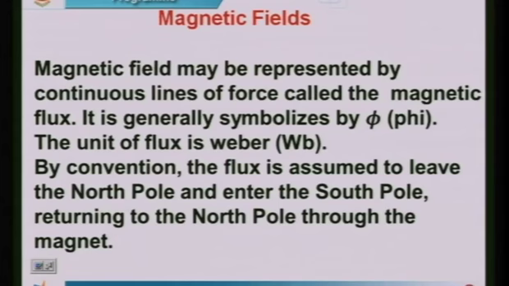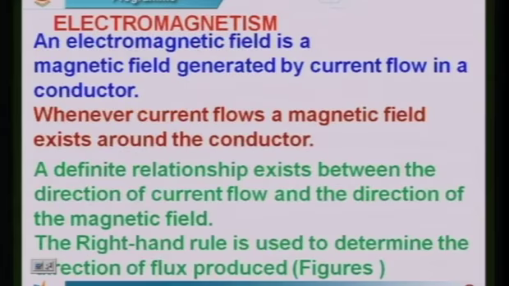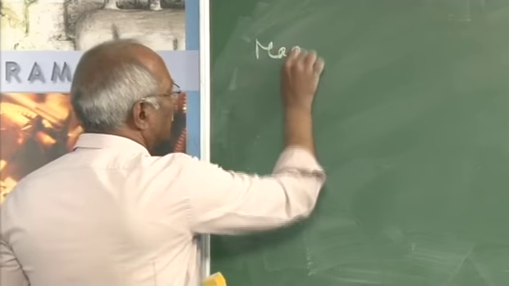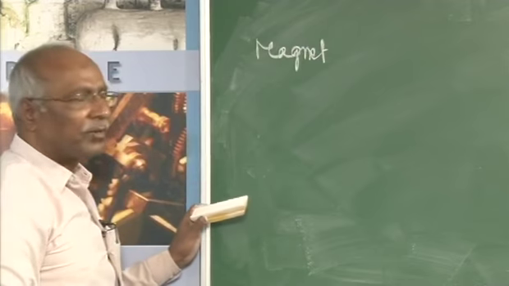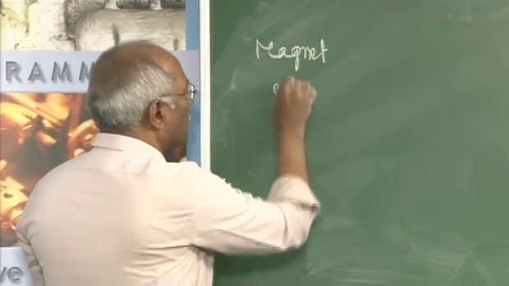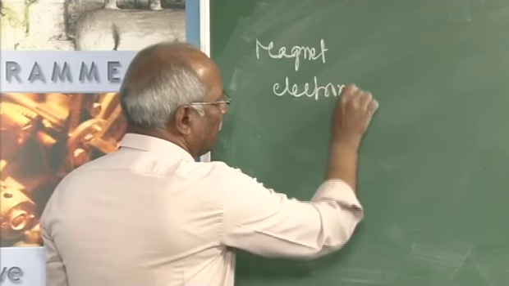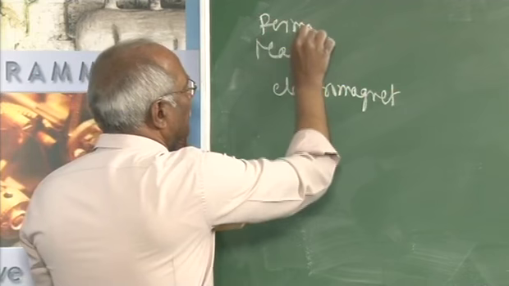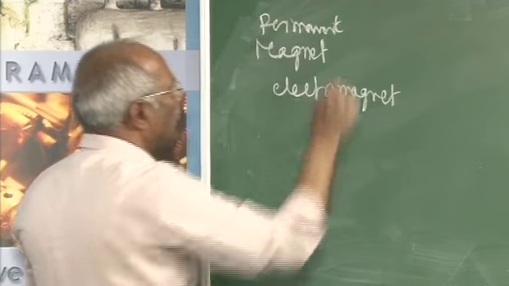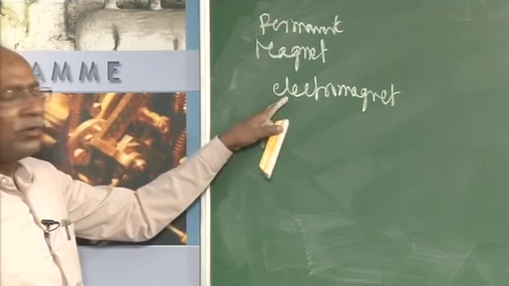When it comes to electromagnet, what is that? The magnetic field produced may be due to a permanent magnet, this is a permanent magnet, or it may be due to an electromagnet.